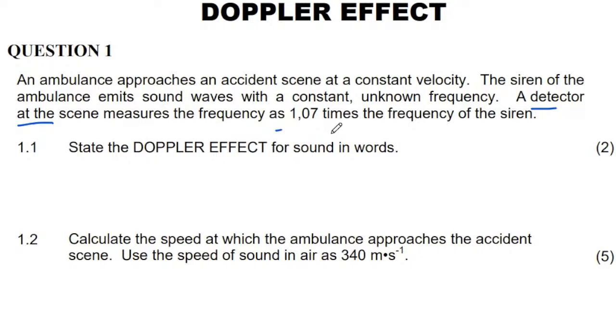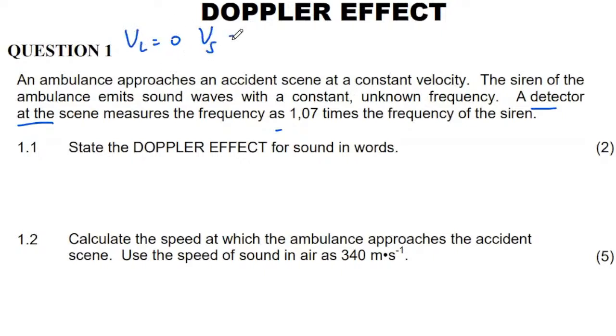What's going on here? The ambulance is approaching, so the accident scene is like the listener and will not be moving, which means the velocity of the listener I'm just going to leave as 0.